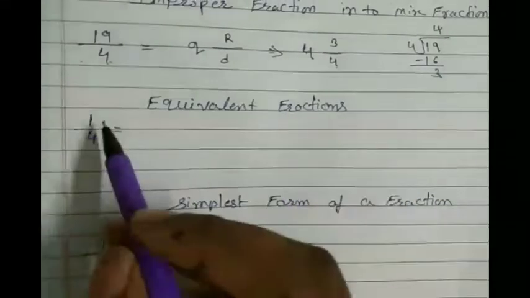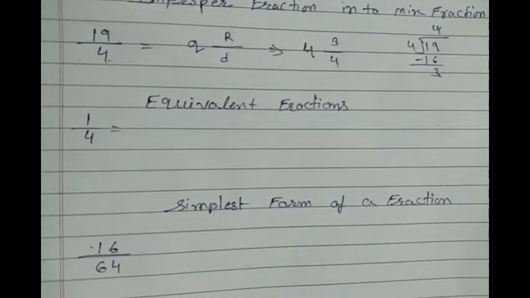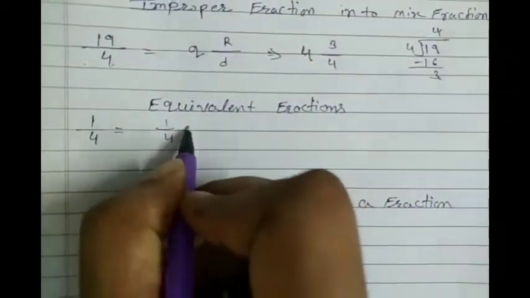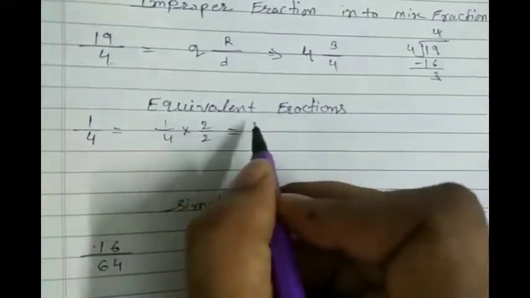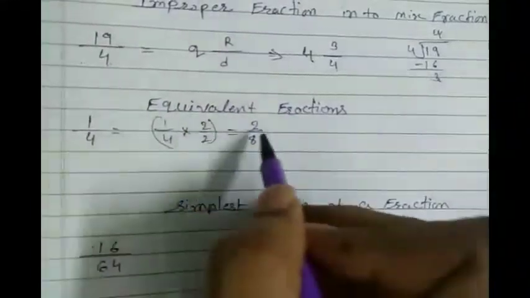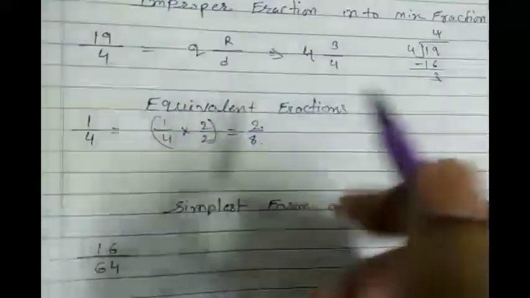For an example, a given fraction is 1 upon 4. Now we have to write equivalent fractions of 1 upon 4. So what can we do? We multiply both numbers with the same digit. For example, 2 and 2. So what we get? 2 upon 8. Now 2 upon 8 is an equivalent fraction of 1 upon 4.